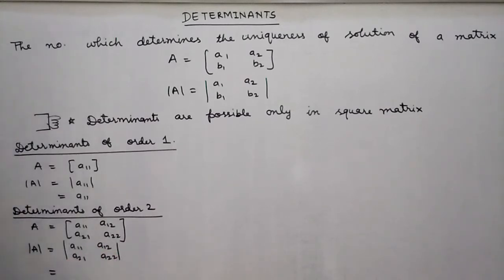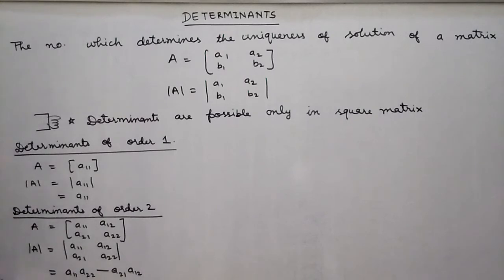And how to solve? This is a cross multiply. A11 is multiplied with A22, minus the reversal law, A21, A12, and this will give the value of the determinant. This will give the value of that number which finds the uniqueness of the solution.